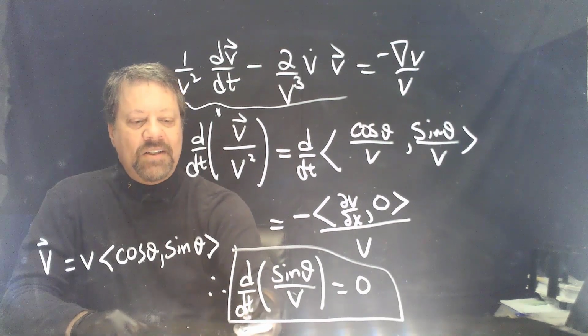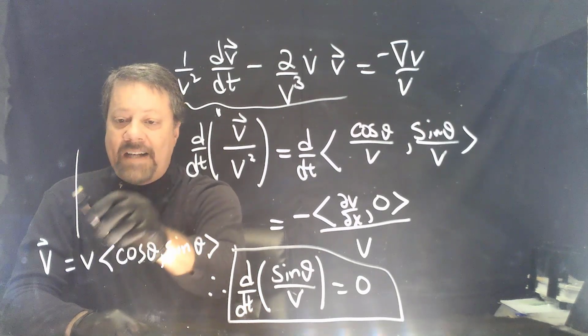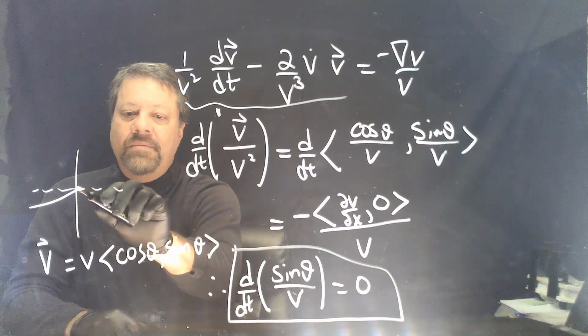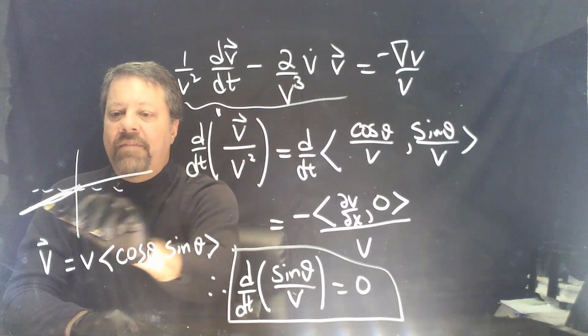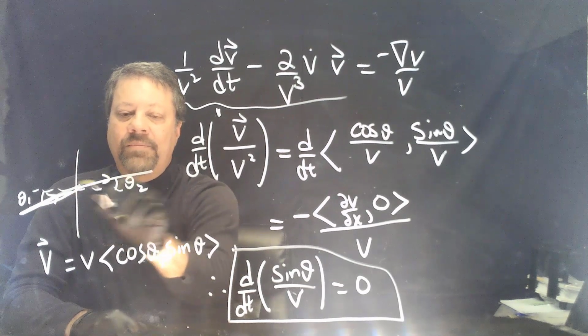So this doesn't change with time. So on each side of our refraction boundary, you have to have the same value, even if you have different angles, theta 1 and theta 2.